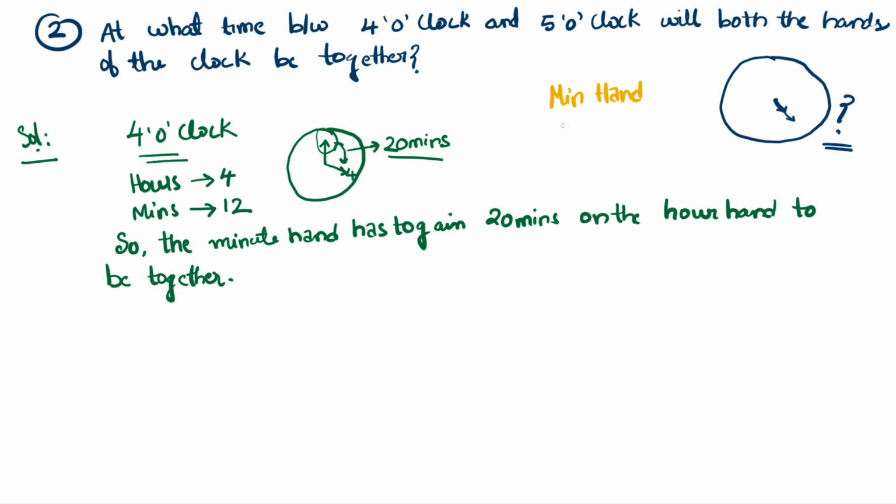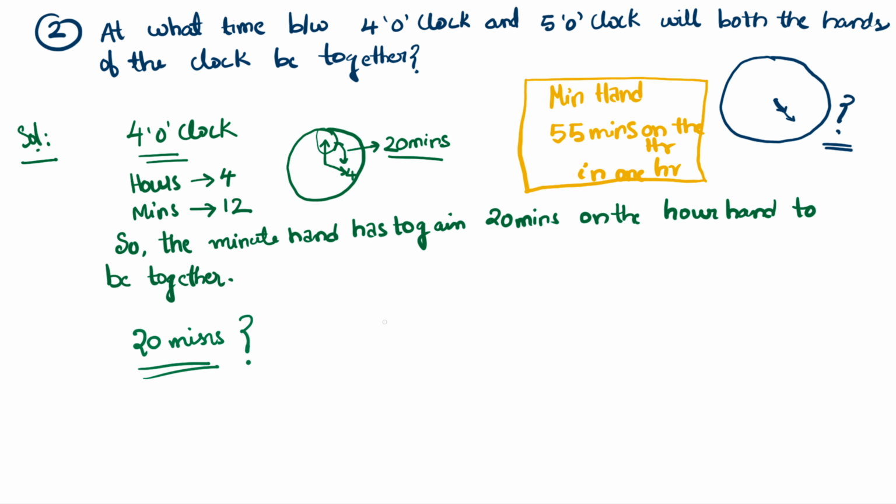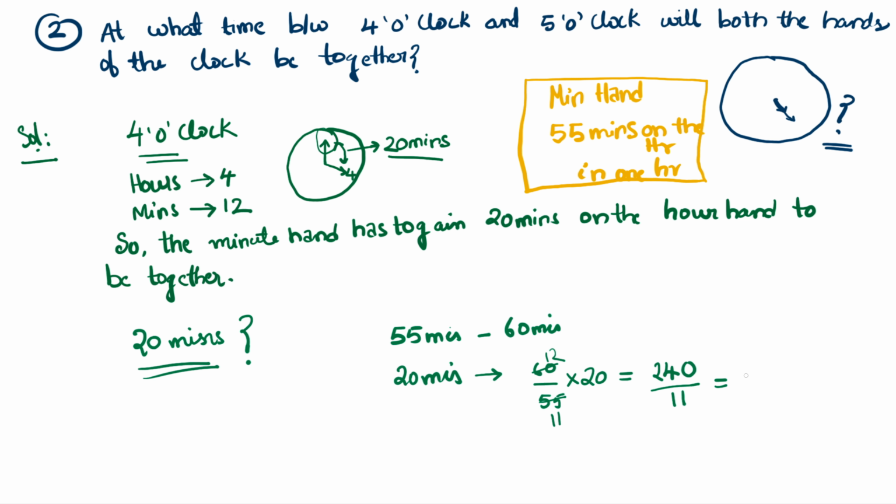And we know that the minute hand gains 55 minutes on the hour hand in 1 hour. Now, what is the time it takes to gain 20 minutes? Well, by direct proportion, if it takes 60 minutes to gain 55 minute spaces, to gain 20 minute spaces, it would take 60/55 × 20, which gives 240/11, further simplified to 21 9/11.